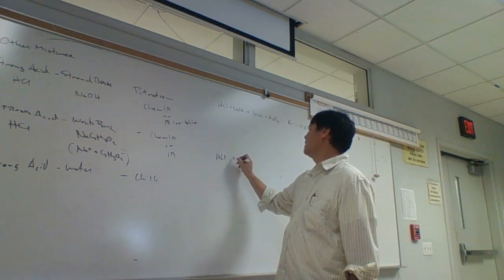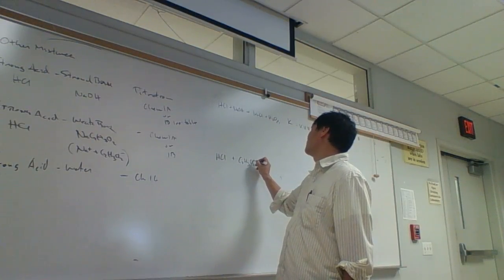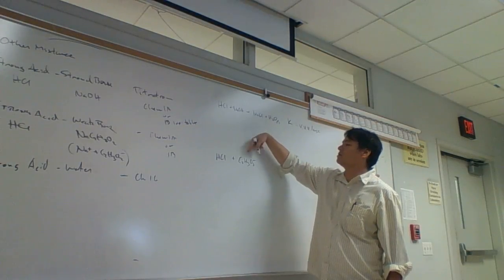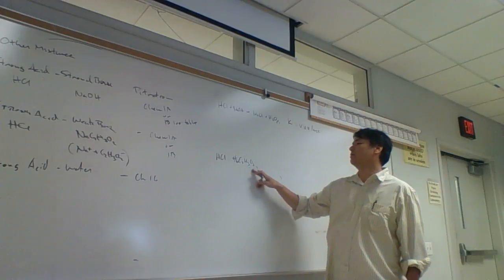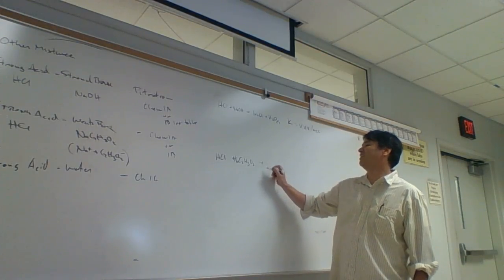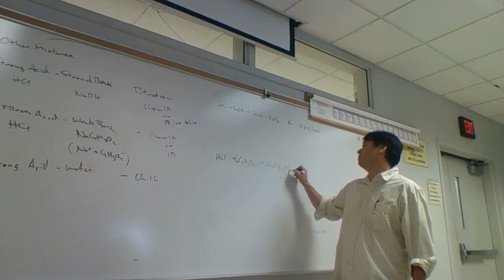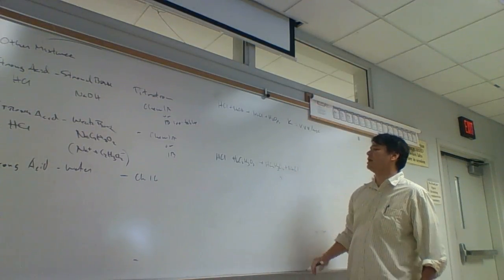If I take HCl and react it with a weaker base, the driving force is going to be smaller. If I take HCl and react with a stronger base, the driving force is a little bit bigger. Actually, I'll do it with sodium acetate. What am I going to get? I'm going to get acetic acid and sodium chloride.